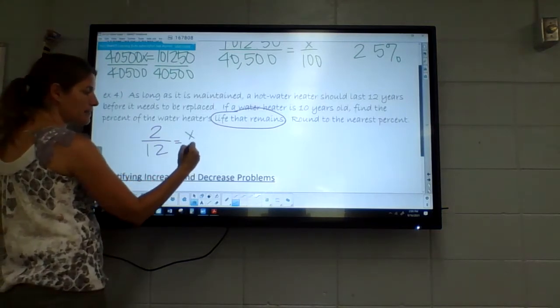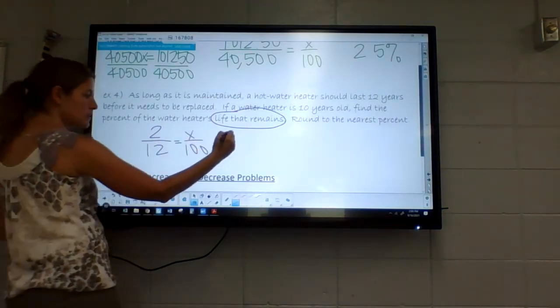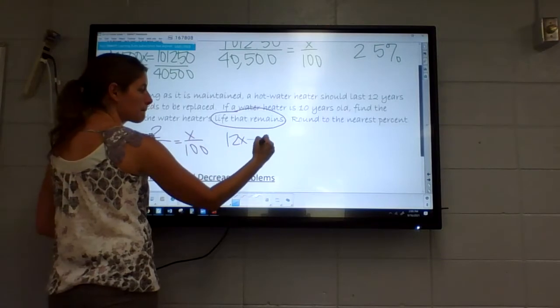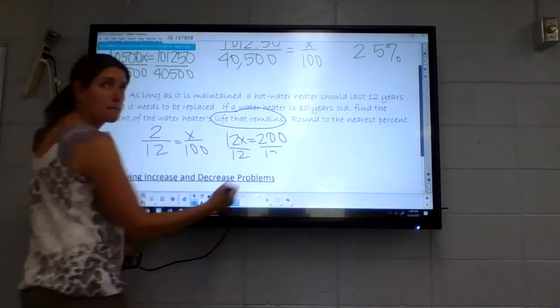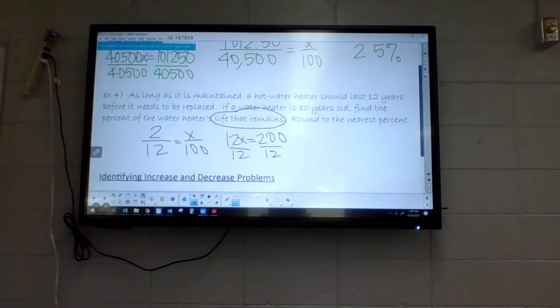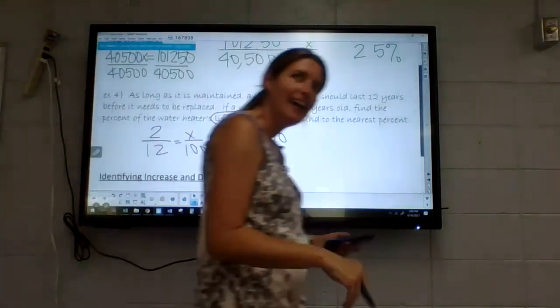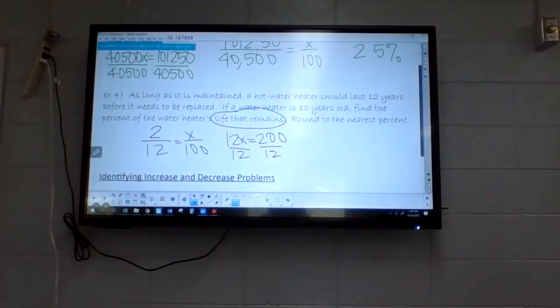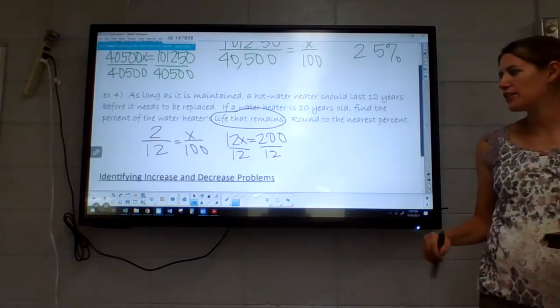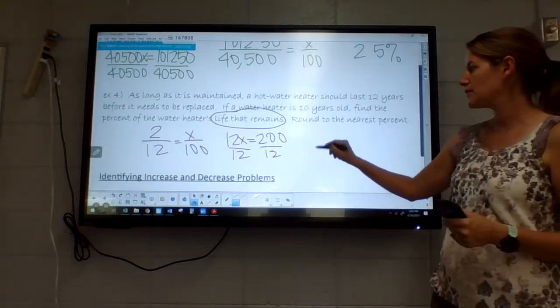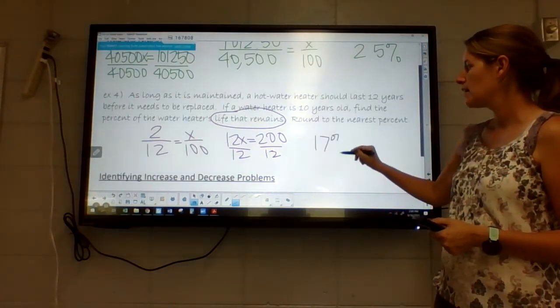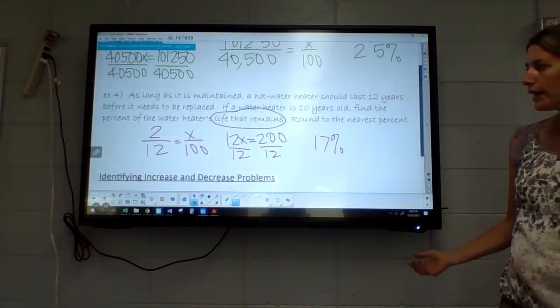Again, you can set this equal to x over 100 if you want. To the nearest percent, we get about 16.6%, so we'd say 17% of the water heater's life is left.